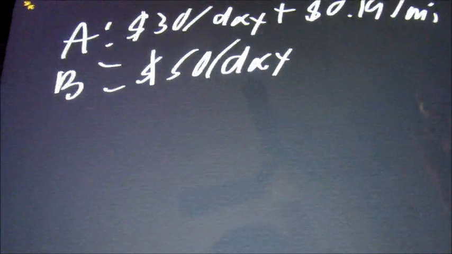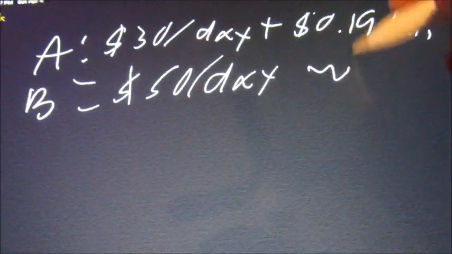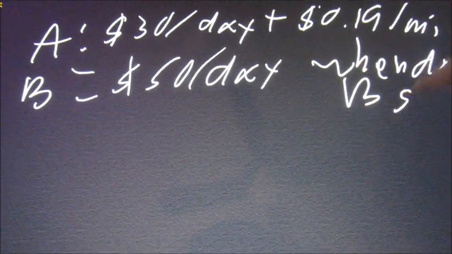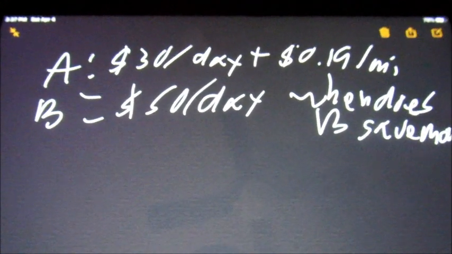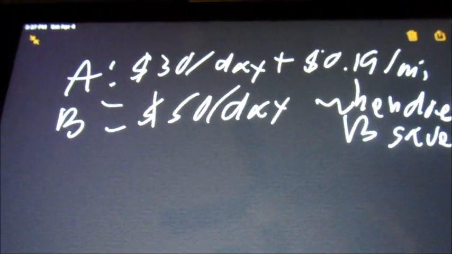And what you want to know is, when does B start saving money? So it's really asking, where do you catch up with B as far as how many miles you go?